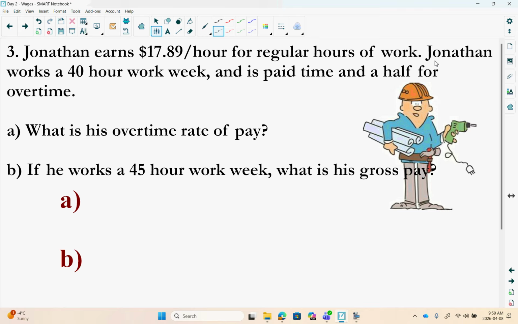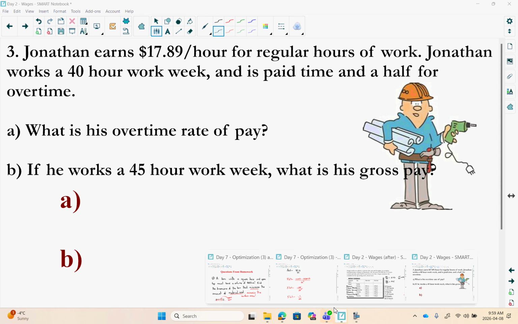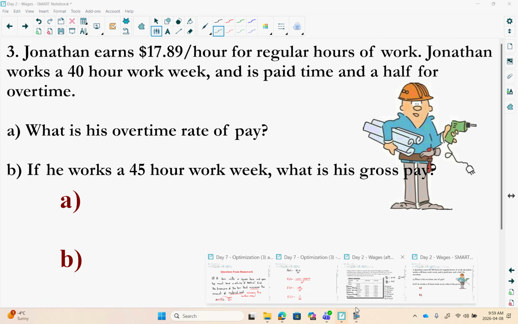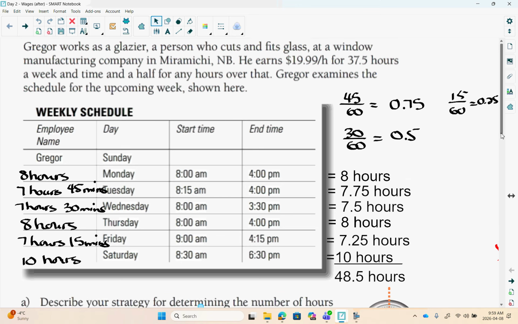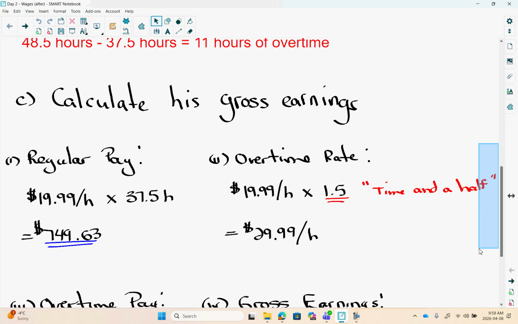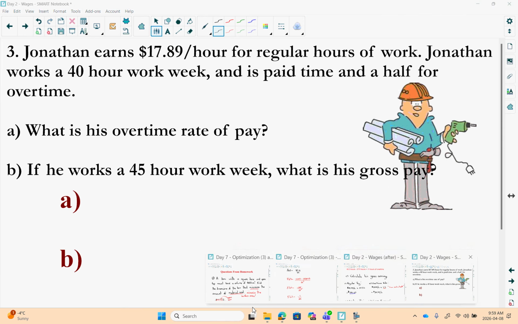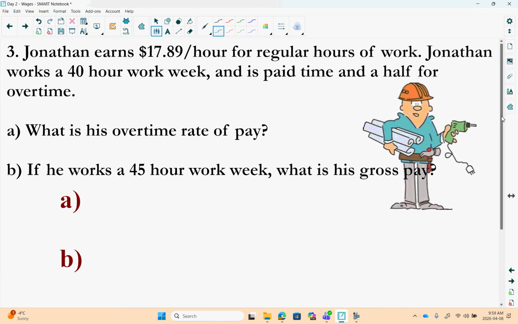Anyone remember? $17.89 would get multiplied by 1.5, right? Let's look back to yesterday's example. For time and a half, you multiply by 1.5. Double time, you'd multiply by 2. Triple time, you'd multiply by 3. All right. So we'll go back to Jonathan. Here it is. What is his overtime rate of pay?